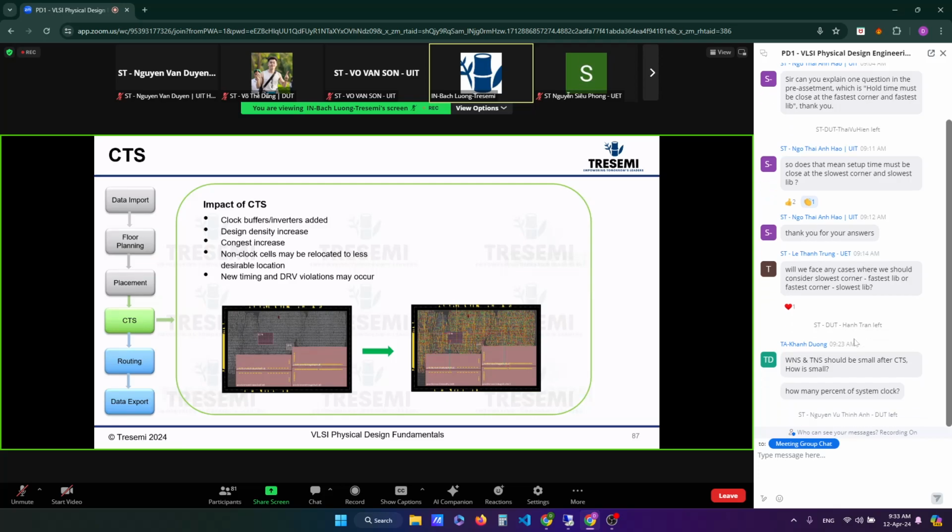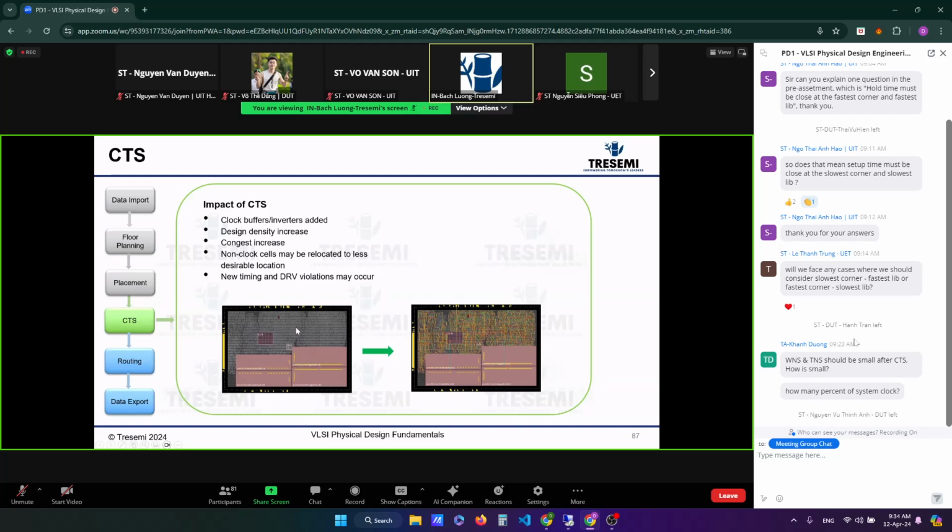In placement, we care about setup time. We need to close setup time at that stage, and then we go to clock tree. There we have setup and hold, so we want to close both, or at least have only a few minor violations left when we go to the next stage, because you can see the design gets more and more dense as you move down the flow.